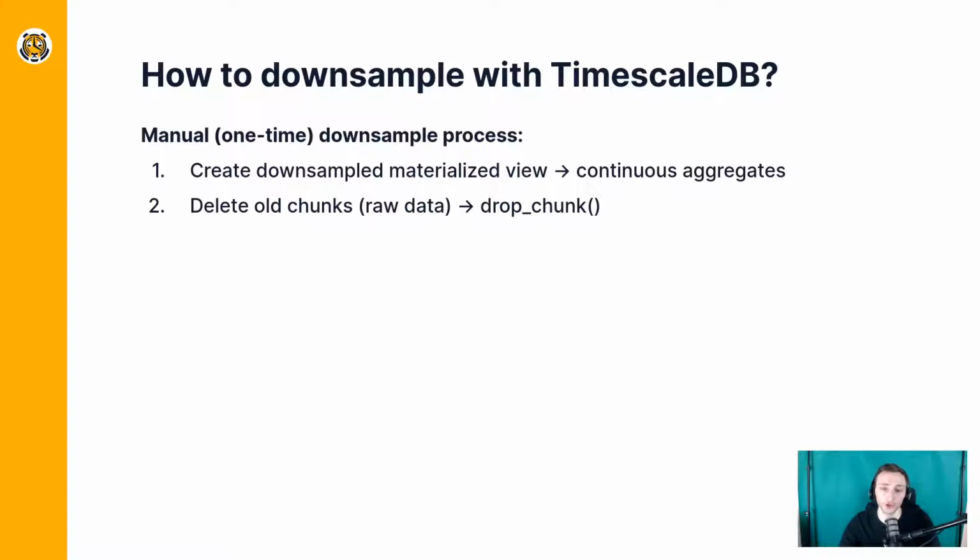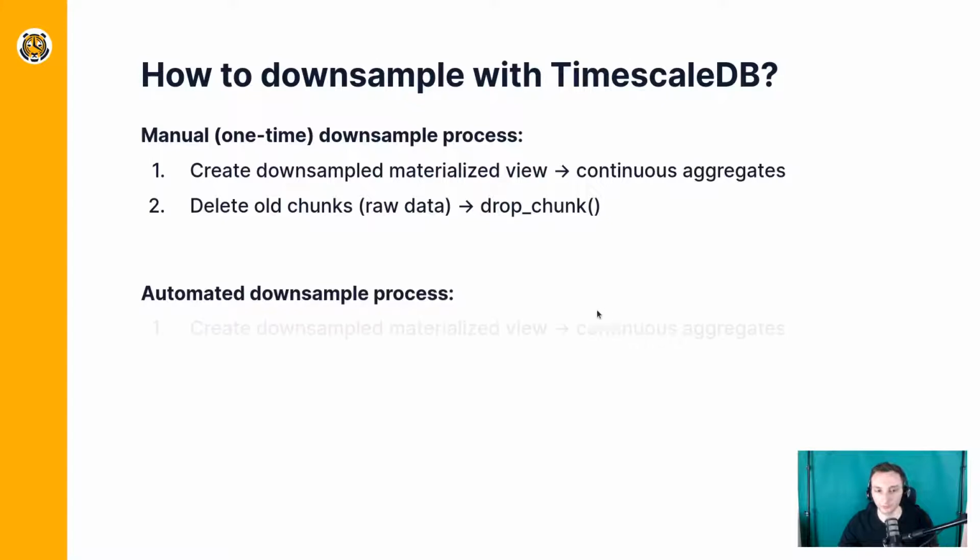Basically, the drop chunk function doesn't remove individual records, because that would be really slow. It removes chunks in TimescaleDB, and this way it's much faster to delete data. So that is the manual process of how to downsample data. I'm going to show you in action in a minute.